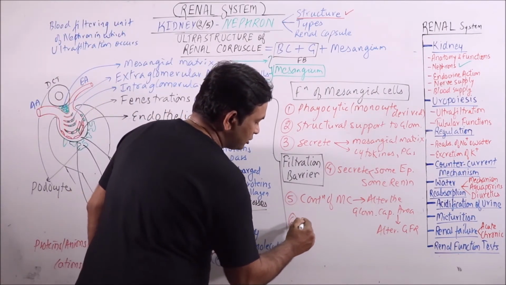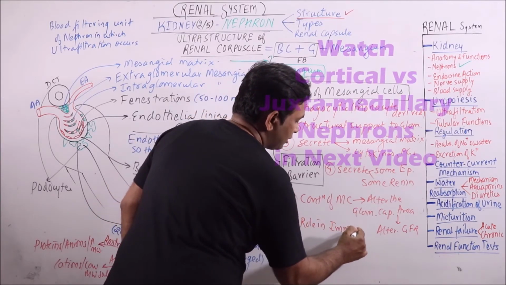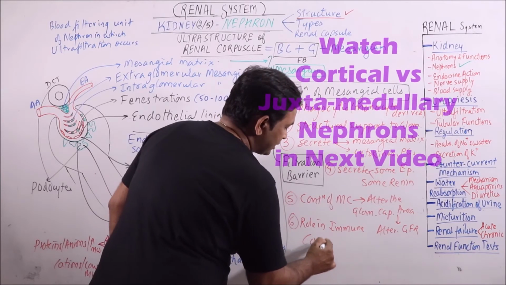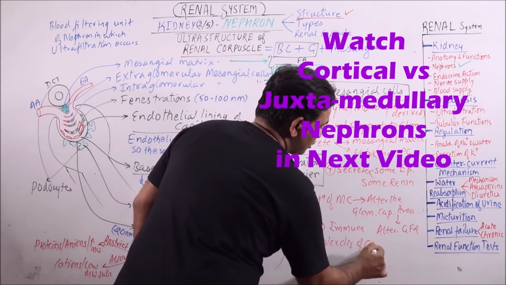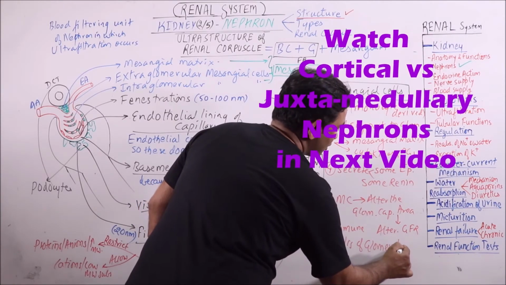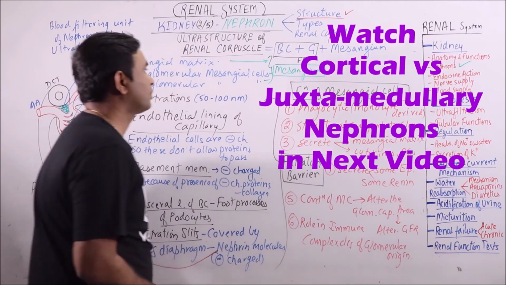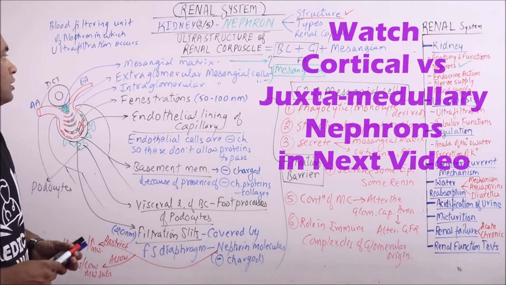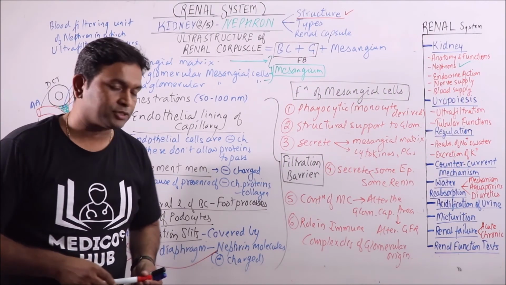Next, it is also having role in immune complex disease of glomerular origin. So this is about the renal corpuscle and its ultrastructure.